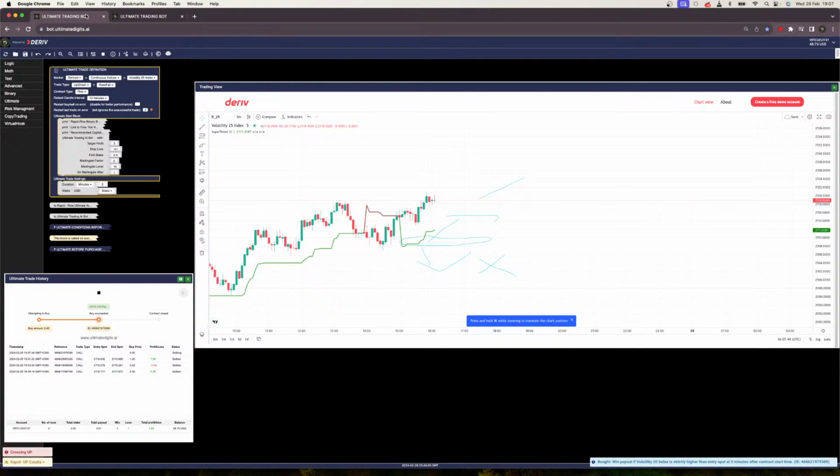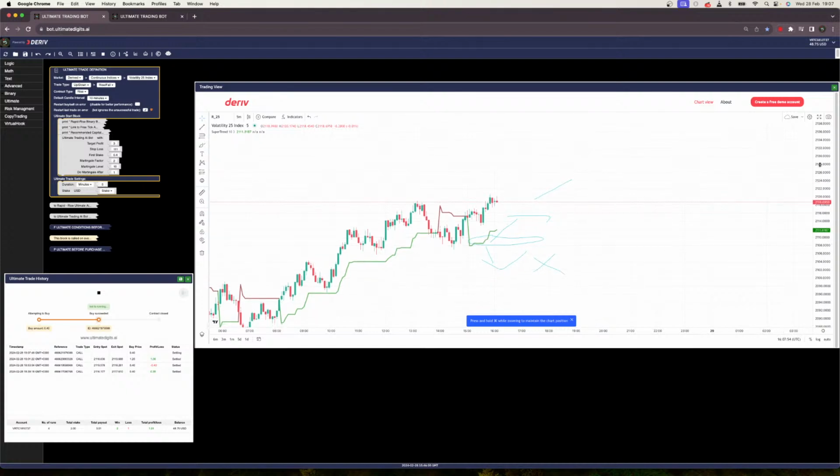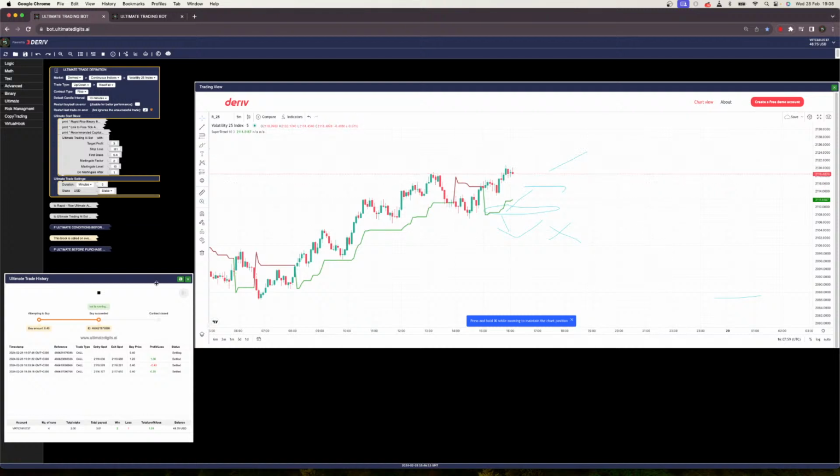So using that top-down approach, I have some probability that the market is going up, and also my binary bot has its own technical analysis to help you find out the best points to execute a trade. So another trade has been executed on this market. We'll come back after 5 minutes and see how it has performed.